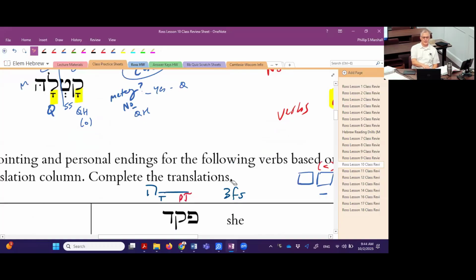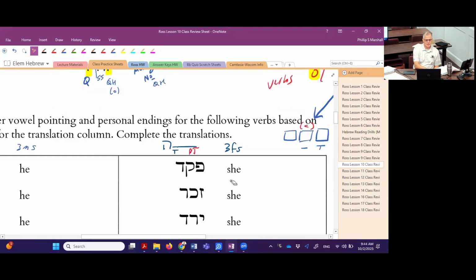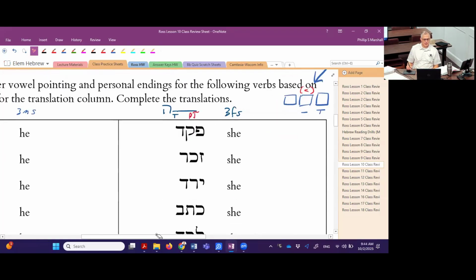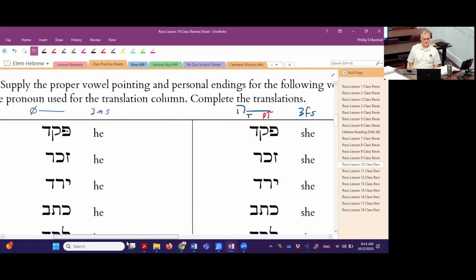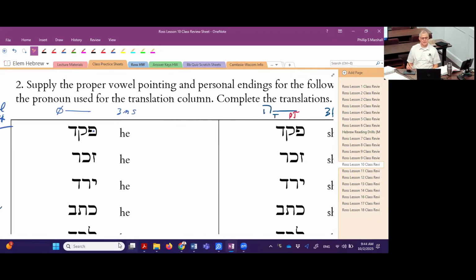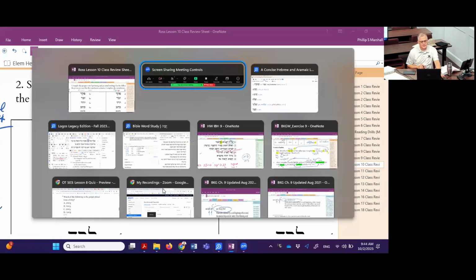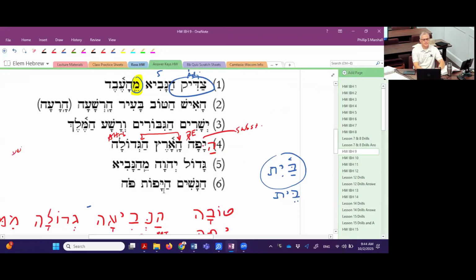Now what we want to do for this part of the practice sheet is practice forming the Qal perfect conjugation for verbs. So we're going to start at the beginning. If you remember, I'll pull up the handout here.